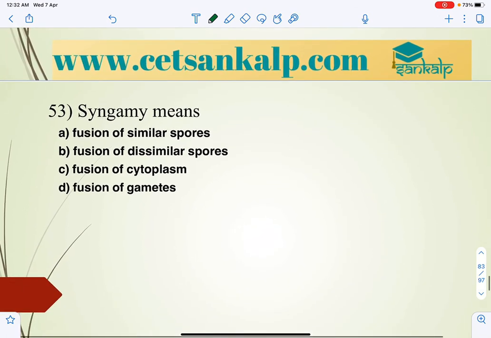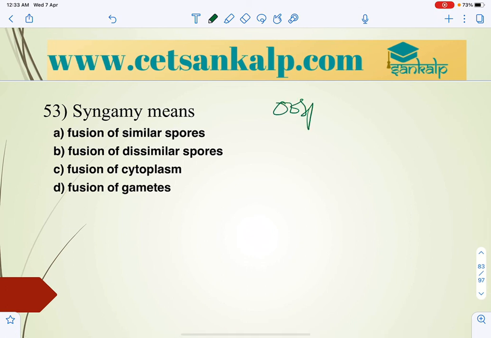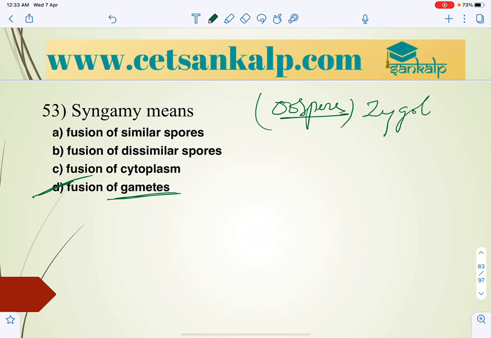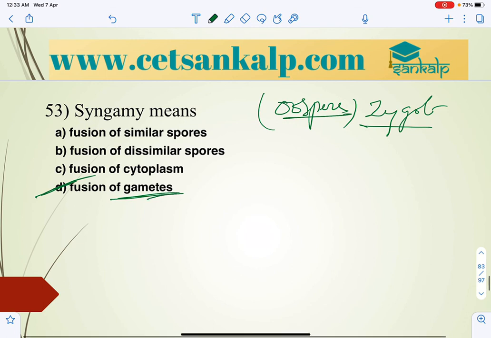Syngamy means fusion of, generally we can say, male and female gametes, which produce the diploid zygote, also called oospore, right? So by the fusion of gametes they produce the zygote.